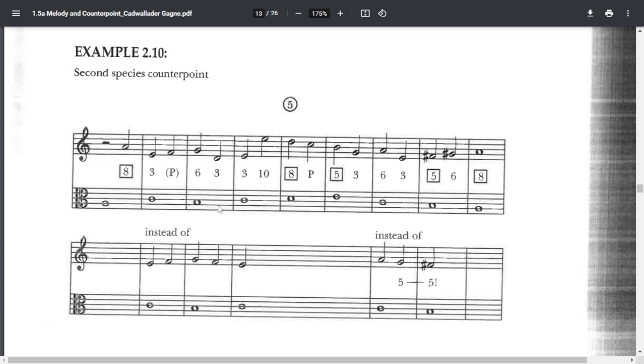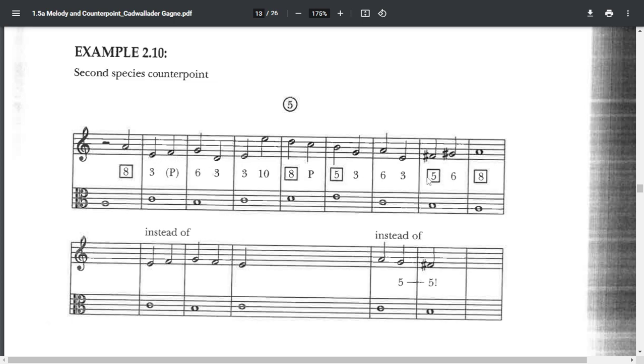Since we're allowed two beats per measure, or two notes against one note of the cantus firmus, we can divide the measure into two essential beats. We have the downbeat, which is the strong beat, and then we have the upbeat, which is the weaker beat.